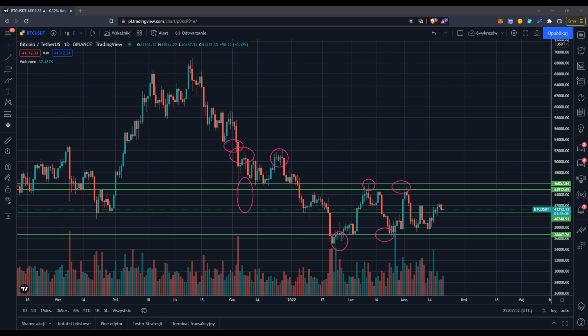All right, so we know that we are going to talk about crypto. We know that we are going to try to find the best explanation when it comes to the crypto market, especially based on candlestick patterns.